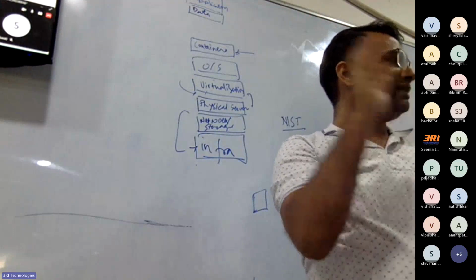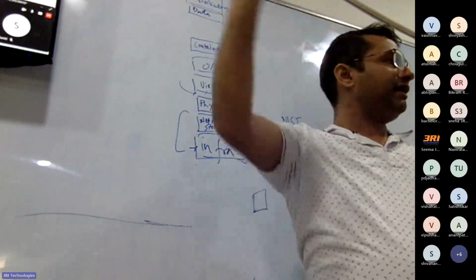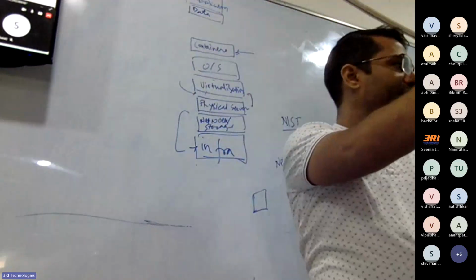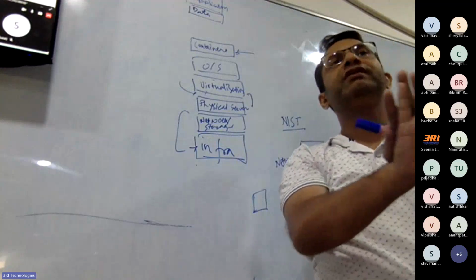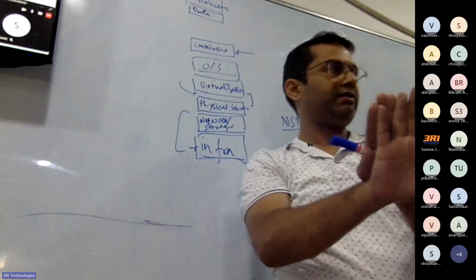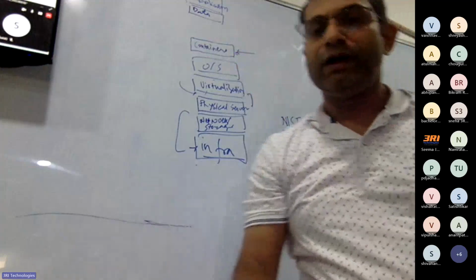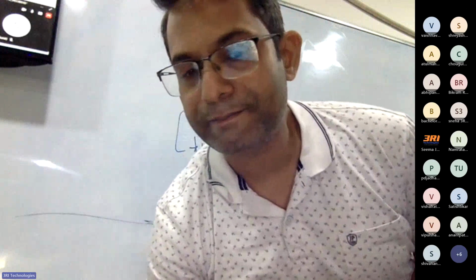As I said, there are no blacks and whites, it's always gray. Everyone has an opinion and your opinion counts. So don't be like this. Guys on the Zoom, please do ask me if you don't understand something.